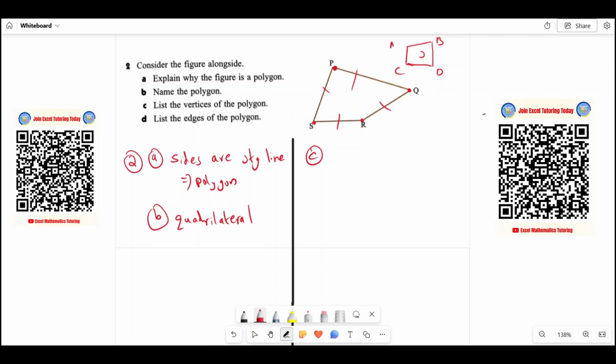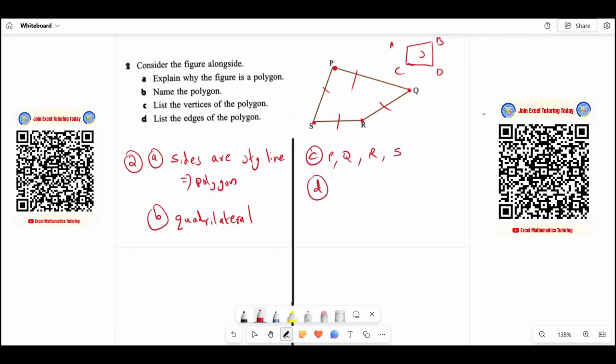How many vertices for this figure PQRS? The vertices are P, Q, R and S. Those are the vertices of this polygon.